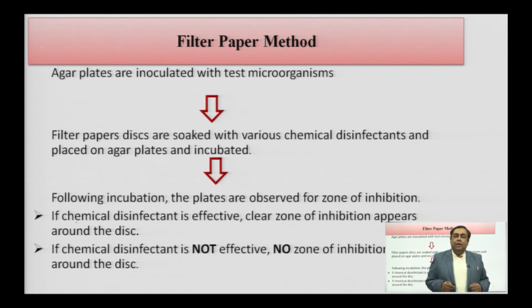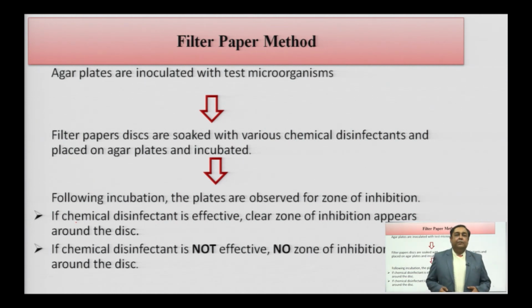That is, we take a large number of petri dishes, flood each of them with microorganisms, and take varying dilutions of the chemical solutions. We dip the filter papers in that solution and put them across all the petri dishes containing nutrient agar.